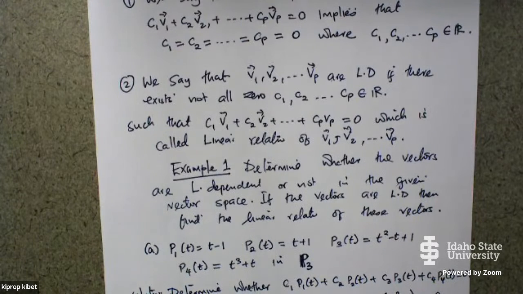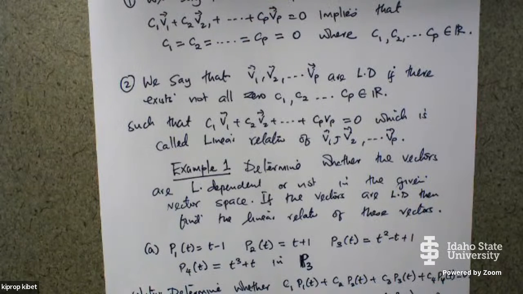So what we should get is C4 of T cubed, and then plus C3 of T square plus C1 plus C2 minus C3 plus C4 of T, and then plus minus C1 plus C2 plus C3 equals to 0.